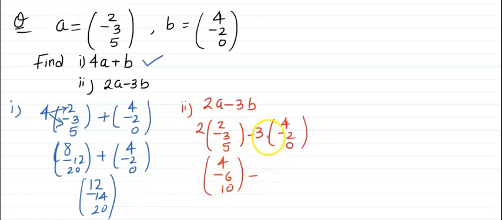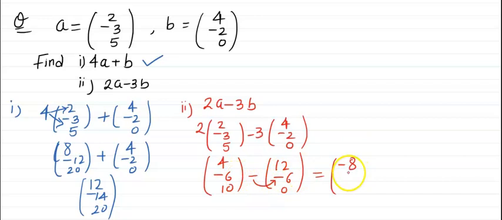And you multiply B with 3, taking the minus sign out. So 3 times 4 is 12, 3 times minus 2 is minus 6, and it is 0. Now if you simplify, 4 minus 12 becomes minus 8. Minus and minus becomes plus, so minus 6 plus 6 is 0. And 10 minus 0 is 10. So this is minus 8, 0 and 10.